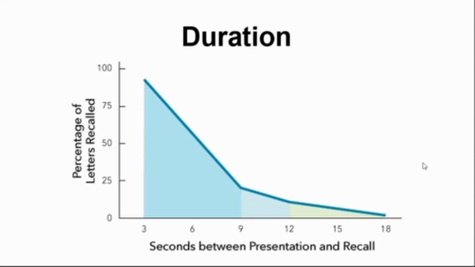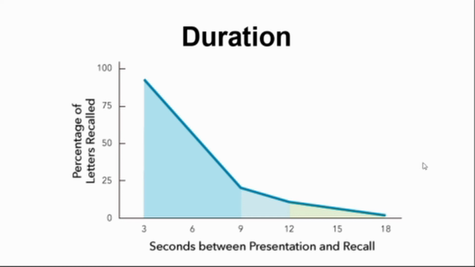And actually, if we switch to this next slide, this graph is showing seconds between presentation and recall. If you were given a list of items, or here they're talking about the percentage of letters recalled, so if we had items flashed on the screen, at 3 seconds we have pretty good recall.